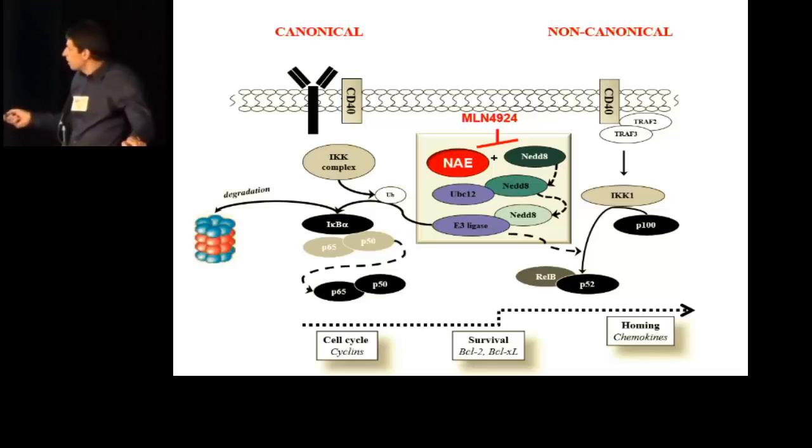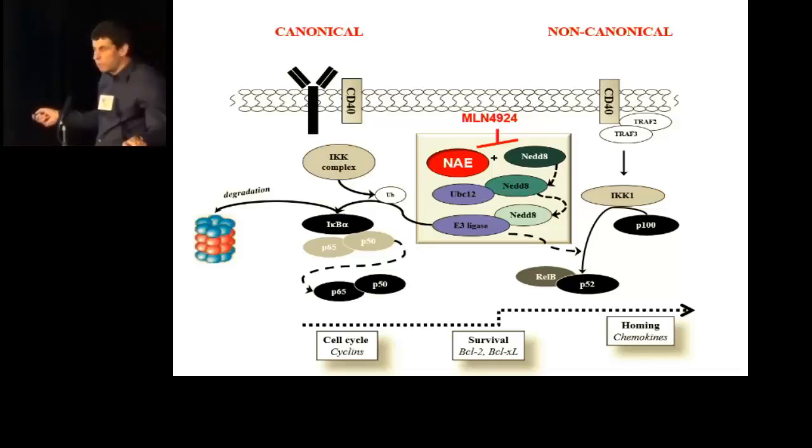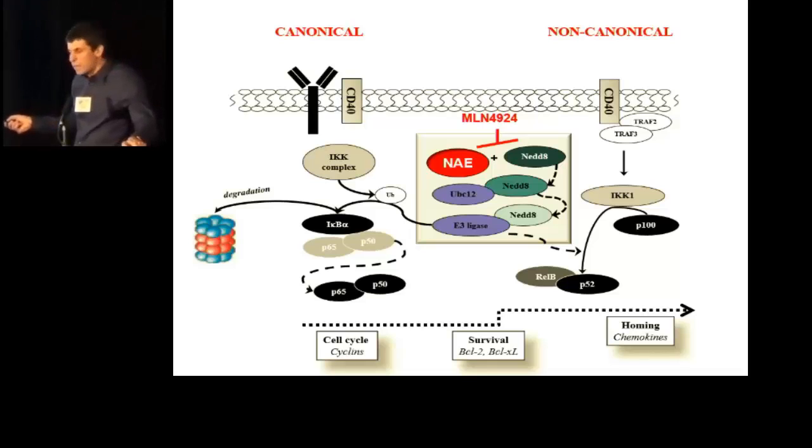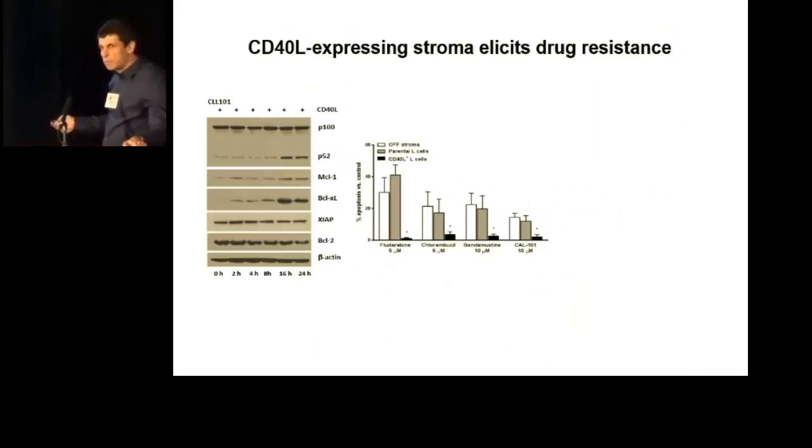As a result, E3 ligase is no longer active, and therefore ubiquitination of I-kappa-B alpha or proteasomal degradation of p100 cannot occur. As a result, those effector subunits cannot translocate to the nucleus.